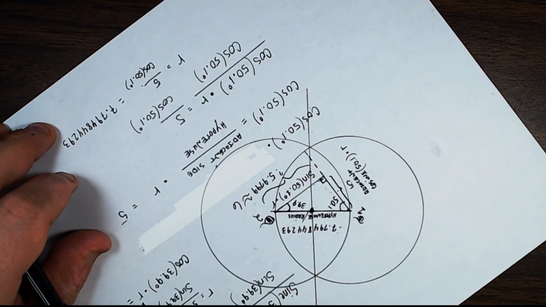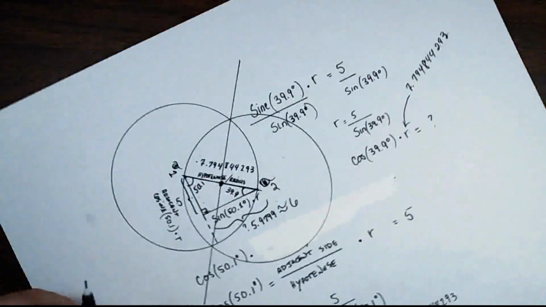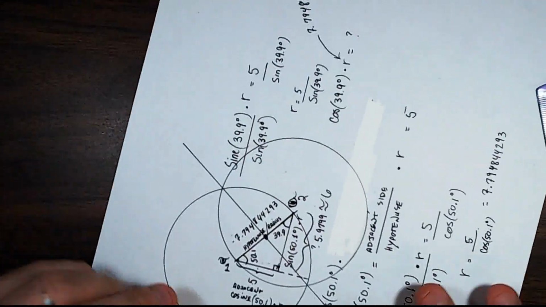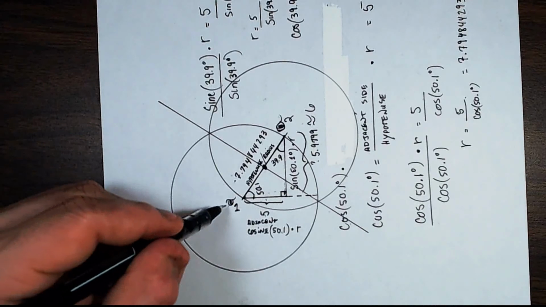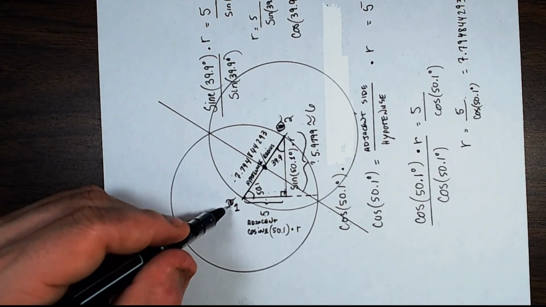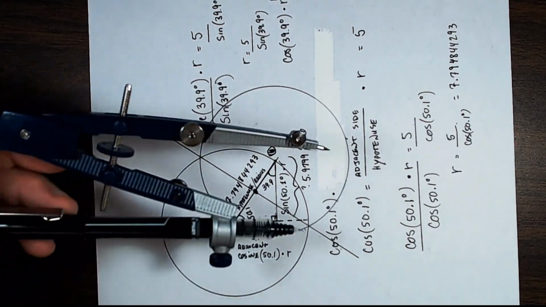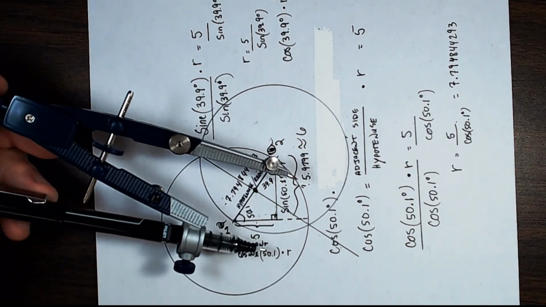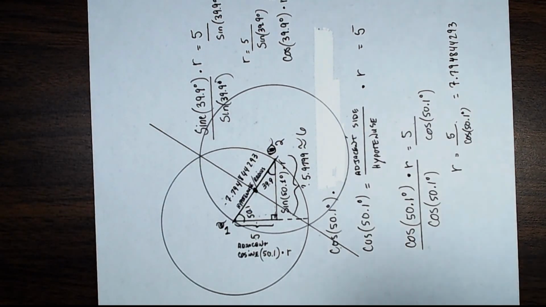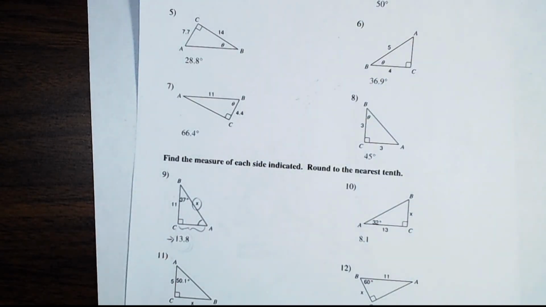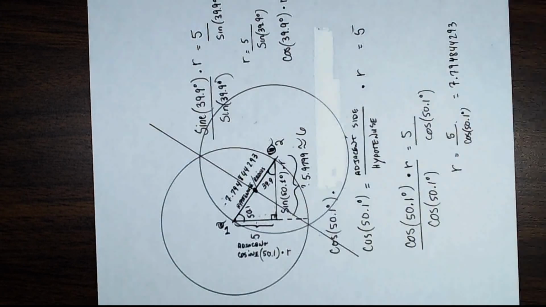It doesn't matter how this paper is rotated, but it does matter what you call opposite and adjacent, what you declare your reference point to be. So just keep that in mind. That's why it's really helpful to use the compass and draw the circle out. Don't try to pack all of your thinking into that little space provided on the paper. There's no need to. It's just not worth it. Given this information, you should be able to do the rest of these on your own.